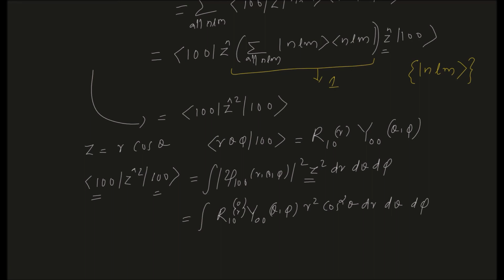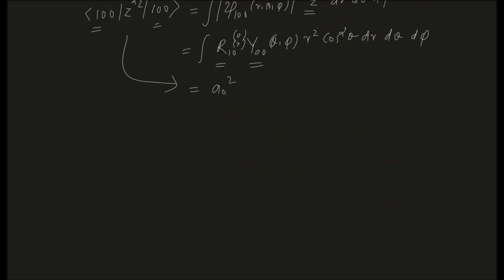Now if you evaluate this integral by putting the values of the radial function and the spherical harmonics for these quantum numbers, and do that integration, you simply get a0 squared. So we can take that integral result. So this quantity simply gives you a0 squared.